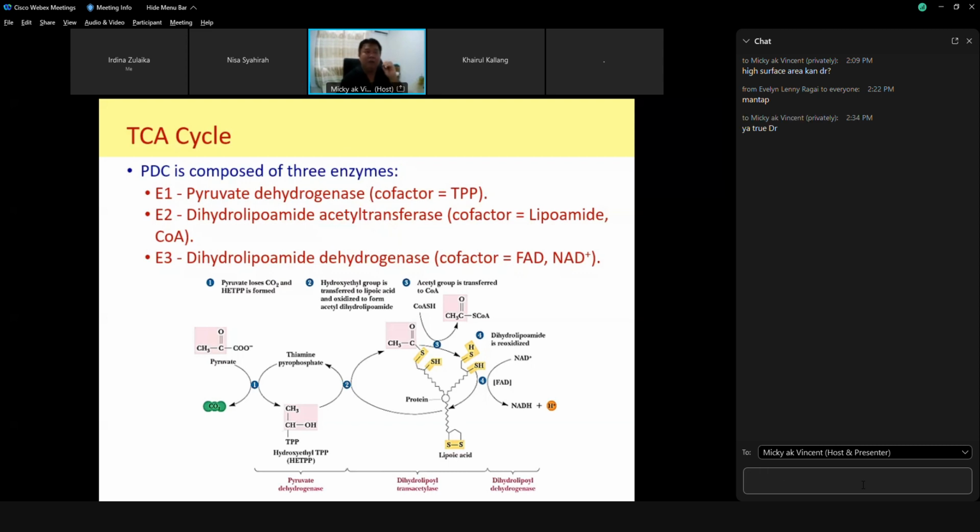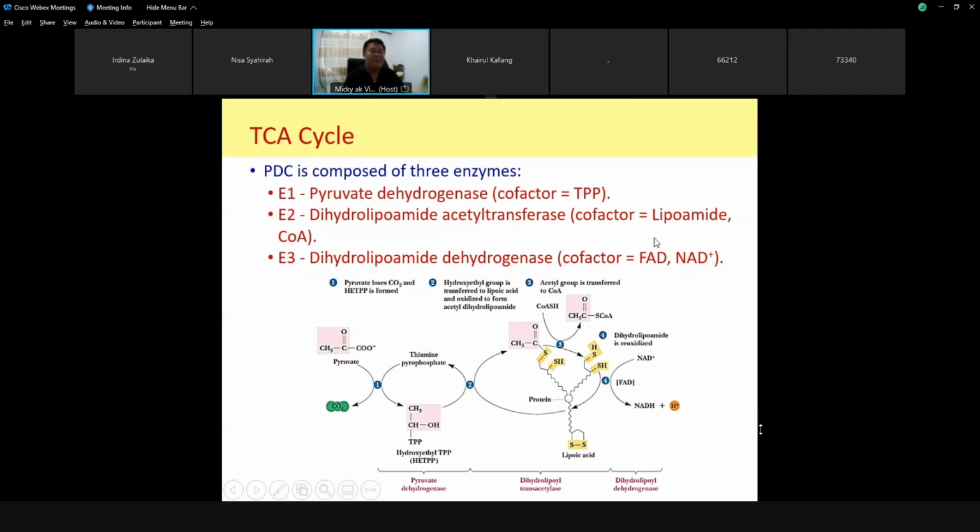Why? Because B complex dia sangat penting. Without vitamin B1, you don't have pyrophosphate for this one. Without vitamin B2, you cannot have flavin. Without vitamin B3, someone say, kalau tak ambil B complex, betul lah. Because if you don't take, meaning your body cannot utilize the fat. Jadi maksudnya no Krebs cycle lah.